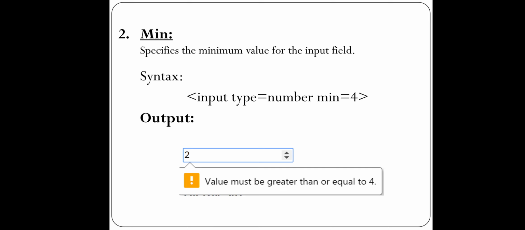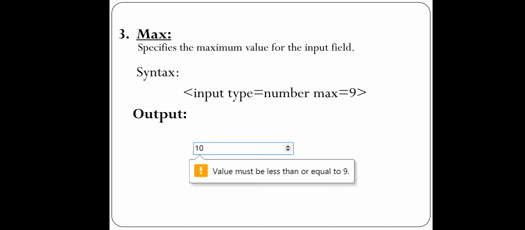So what is happening here? Here we are restricting the user to input a value with some condition, that is, the value should be greater or equal to 4, right?